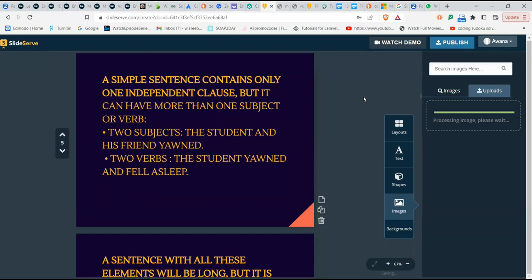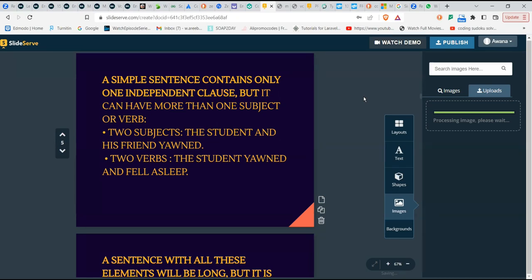Can you repeat, Hira, what is the basic rule of a simple sentence? A simple sentence contains one subject and a verb. One subject and one verb, and it's an independent clause. Yes, ma'am. These are the rules of a simple sentence.